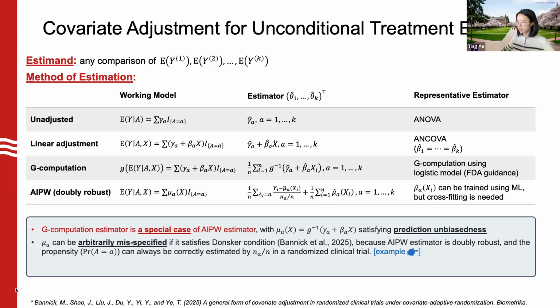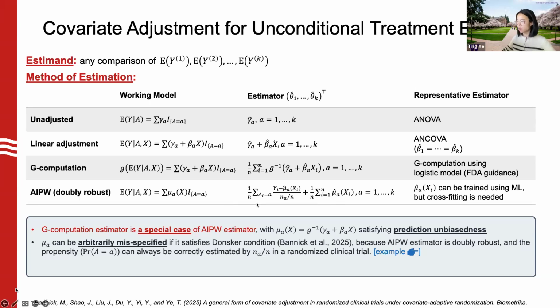So a slightly more technical way to understand the AIPW is that if this model that we fit, the mu A, satisfies the Donsker condition, which means the model class is not too complex, all the parametric models satisfy the Donsker class. There are also other models that satisfy the Donsker class. And then the AIPW is known to be doubly robust, in the sense that if the outcome model or the propensity score model is correctly specified, then this estimator is consistent.